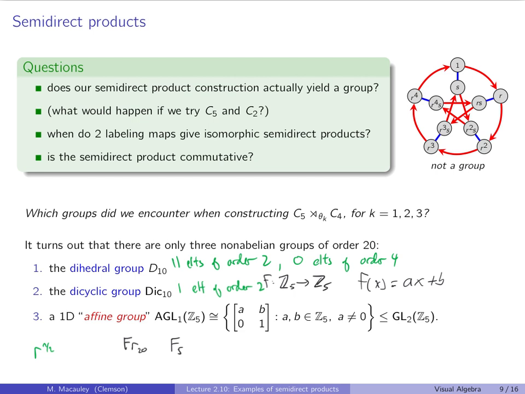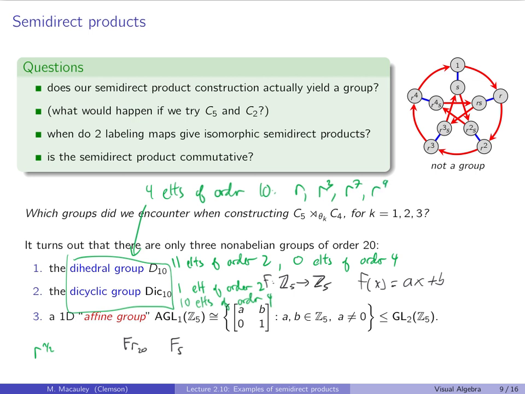So there will be 10 elements of order 4. And also, both of these groups have 4 elements of order 10, namely r, r cubed, r to the 7th, and r to the 9th. 1, 3, 7, and 9 are the numbers relatively prime to 10.